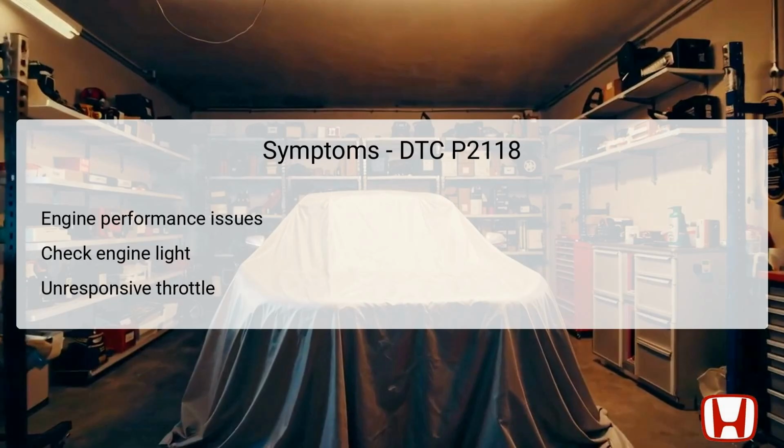Drivers might also experience an unresponsive throttle pedal, leading to frustrating and potentially unsafe driving conditions. These symptoms emphasize the need for immediate diagnosis and repair to ensure both vehicle safety and performance are restored as swiftly as possible. Understanding these symptoms will aid technicians in correlating the DTC with actual vehicle behavior during troubleshooting.